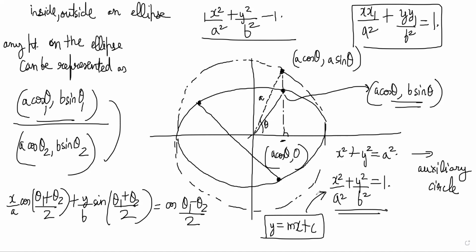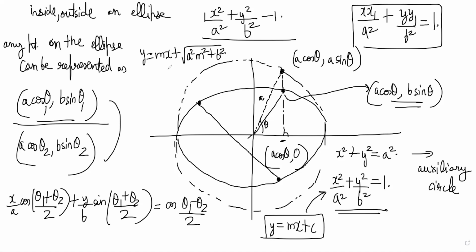If the discriminant is less than 0, there is no intersection. And if the discriminant is greater than 0, it is a chord or a secant line, two intersections. So all of this is straightforward stuff. You will get the tangent equation from here as y is equal to mx plus or minus root over a square m square plus b square. C square was a square m square plus b square, right?